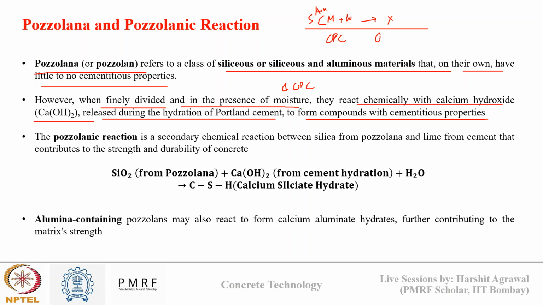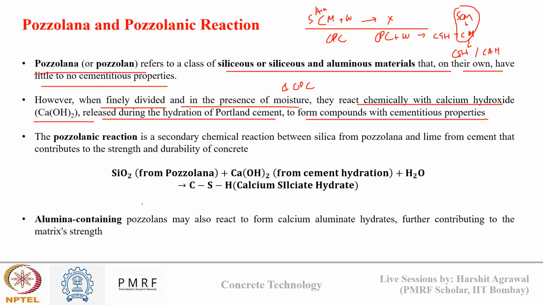So what happens when OPC reacts with water? It forms CSH and CH. And we know that CH is not desirable to us. So SCMs are amorphous in nature due to the presence of amorphous silica and alumina. This amorphous silica and alumina combines with the calcium hydroxide produced during OPC hydration to form calcium silicate hydrates or calcium alumina hydrates.